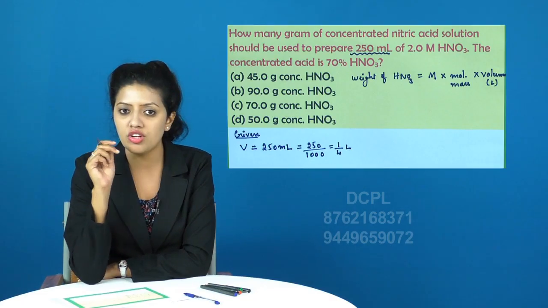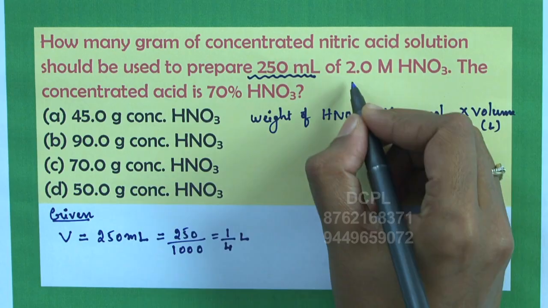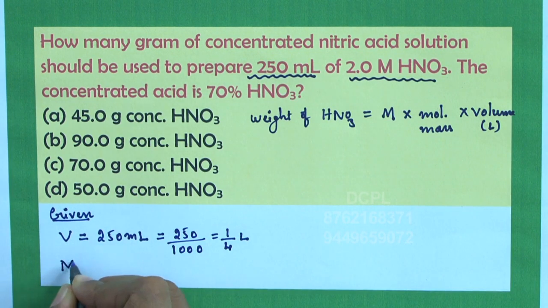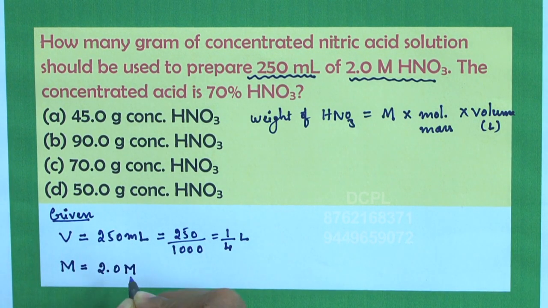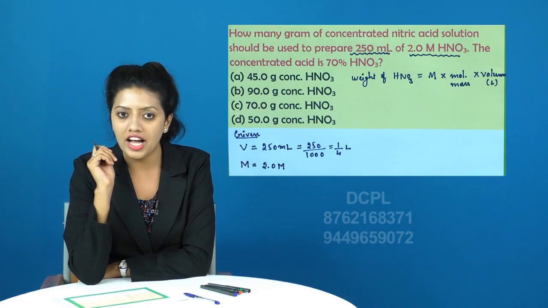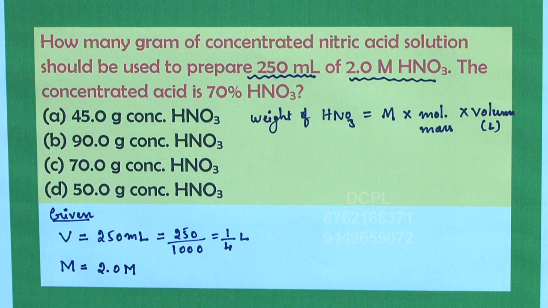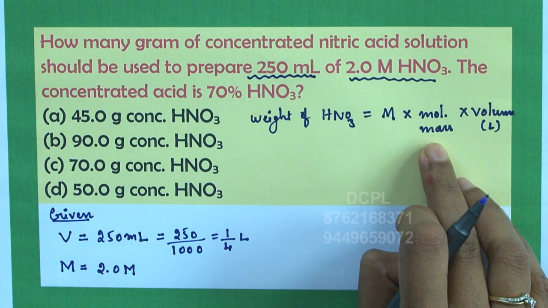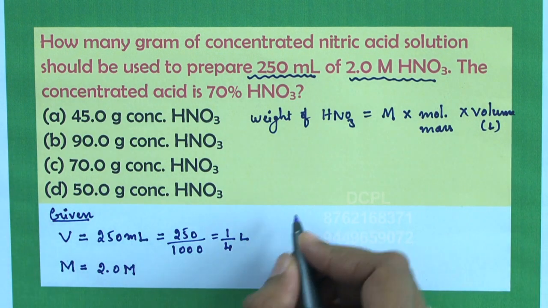Apart from that, we also have another data that it is 2.0 molar HNO3, that is the molarity is given as capital M and it is 2.0 molar. Therefore, we have in a given formula molarity and the volume, and only one which is missing is molecular mass, and let us find out the molecular mass.